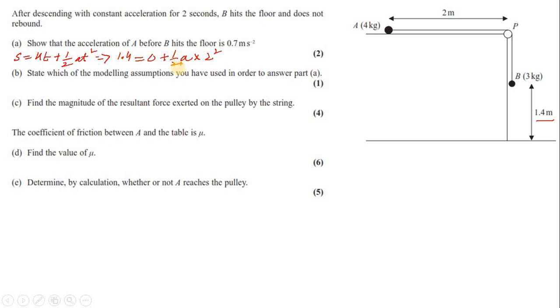So a would be equal to 2 times 1.4 divided by 2 squared, and 2 squared is 4. So the acceleration will be equal to 0.7 meters per second squared. This is the acceleration. That's what we needed to prove here.